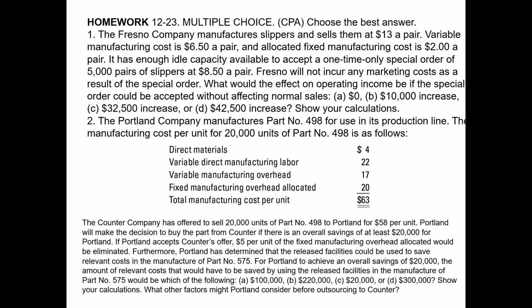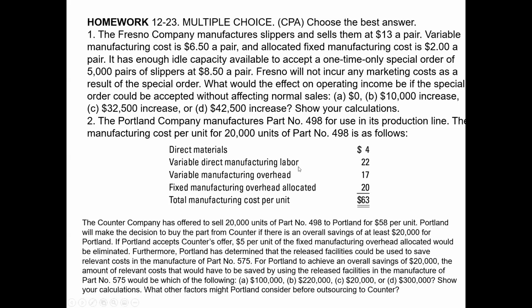Portland has determined that the released facilities, no longer going to be producing 498, could now be used to produce 575. And again, they need the amount of relevant costs that would have to be saved by using the released facilities in the manufacture of part 575 would be the following.